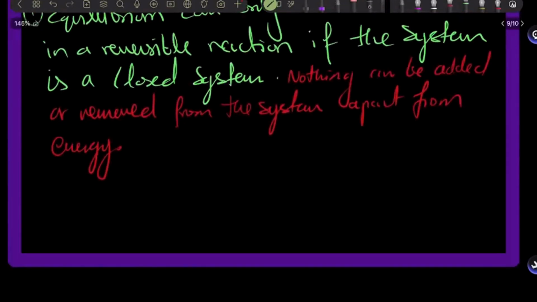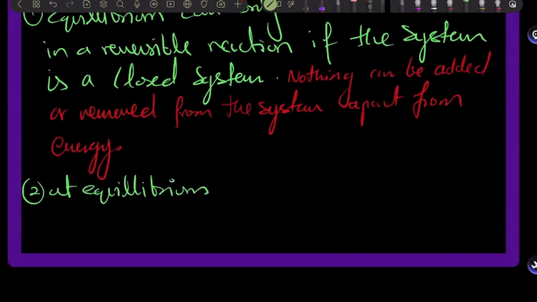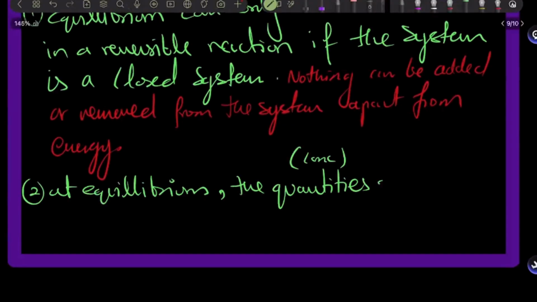Another important point was that at equilibrium, the quantities of everything, let's say concentration, and I'm referring to concentration over here, or amount or mass, the quantities of reactants and products, should be constant.